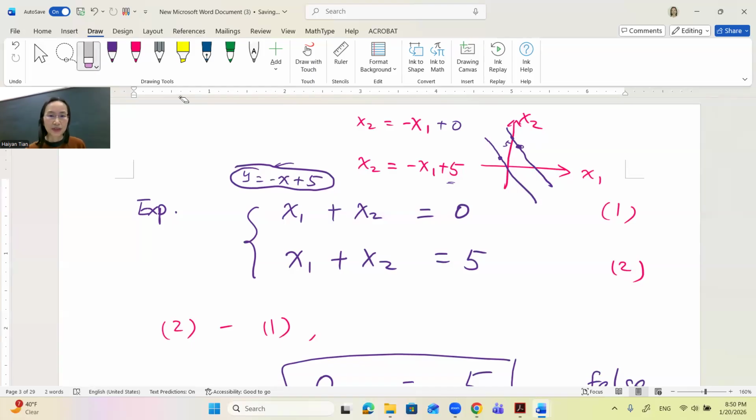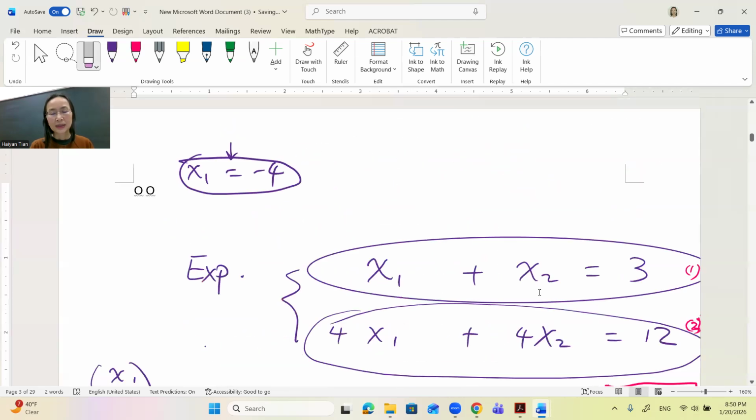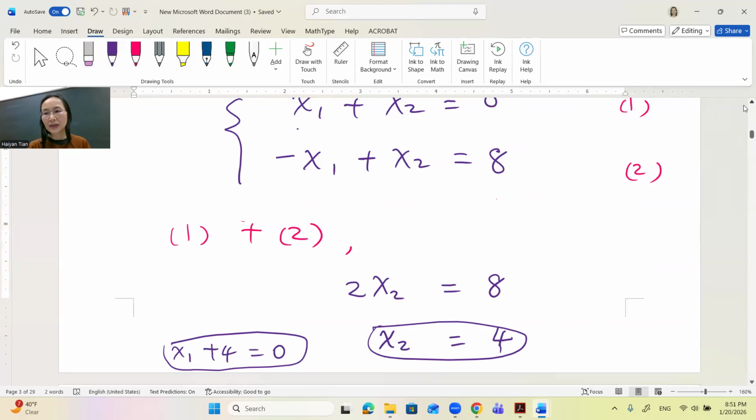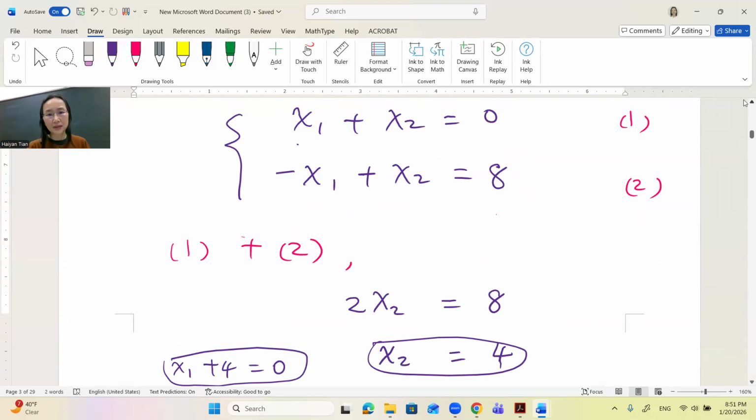So we have no solution. And the second example, we solved in the previous lecture, so we know we have one and only one solution.